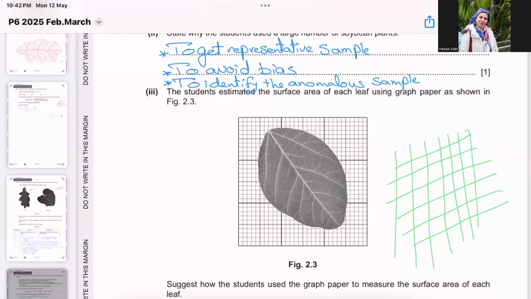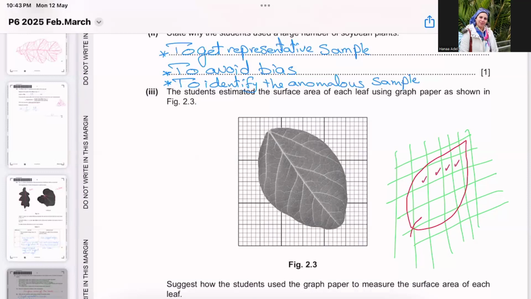Just like the draft. And then we have to draw one of the leaves, for example. Okay. After putting the leaf, we just make the outline around it on the graph paper and then remove the leaf and start to count how many squares are full.